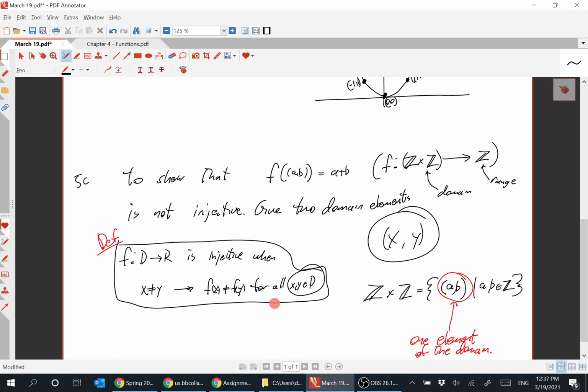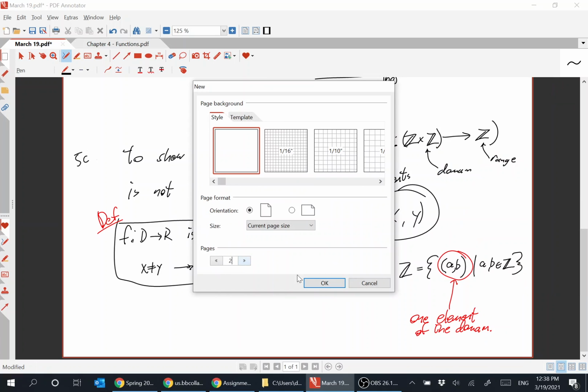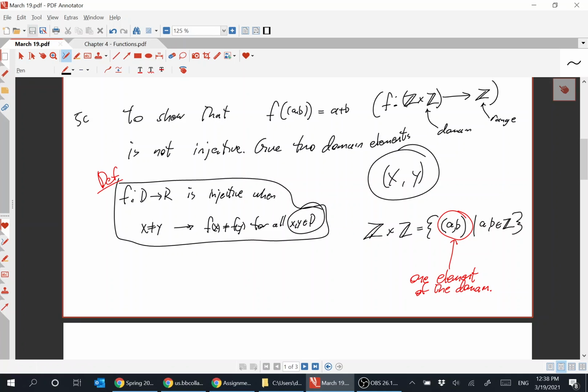That's two elements of the domain. f from D to R is injective. So why don't we do it this way? All right. So this is the abstract definition of a function being injective.